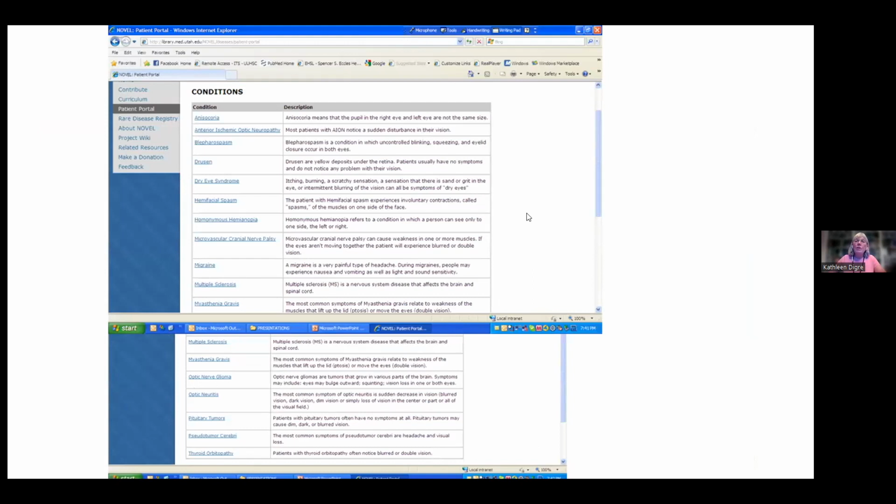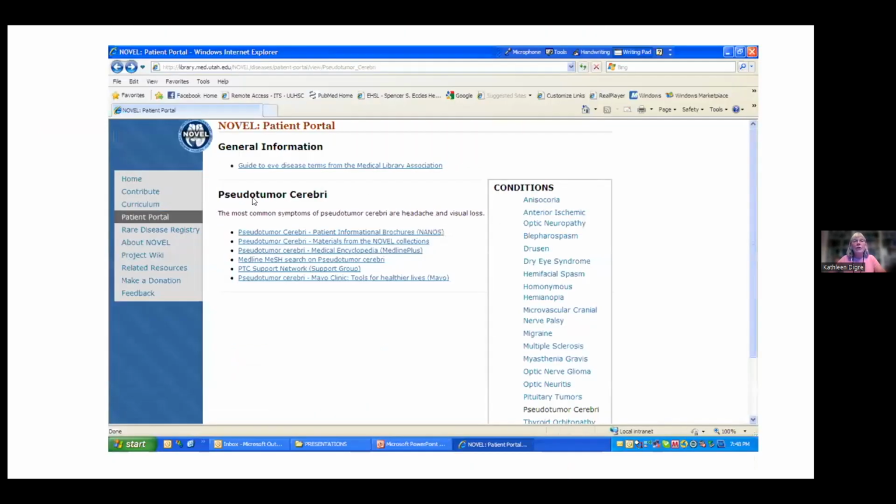The disease you may want to get more information about is pseudotumor cerebri or idiopathic intracranial hypertension. There we've got patient information brochures, materials from our library collection, MedlinePlus, which is with NIH, support group information, and other tools to live a healthy life.